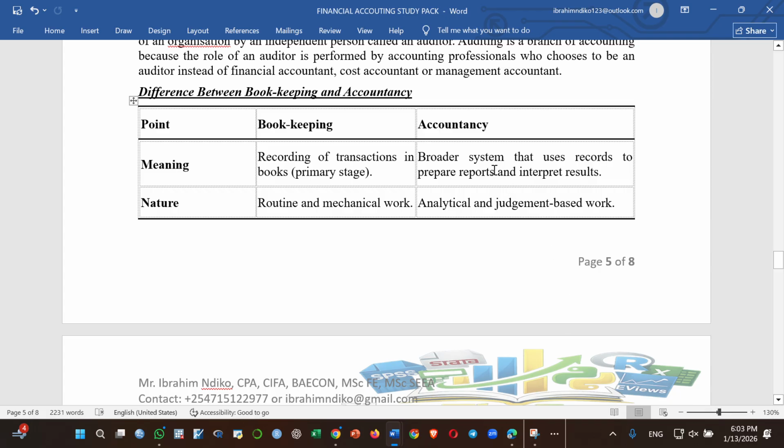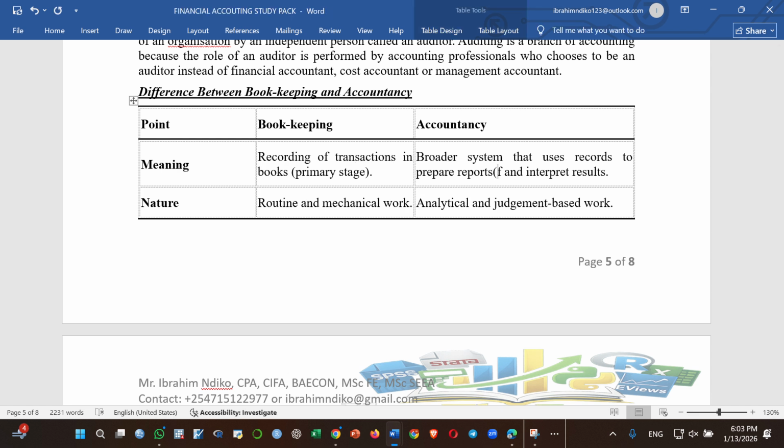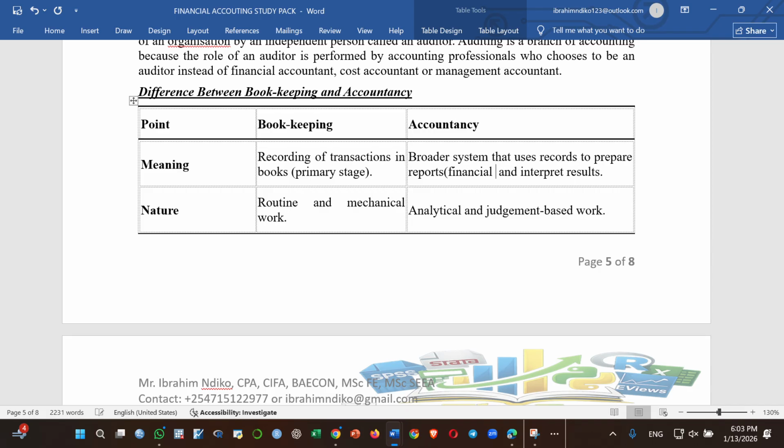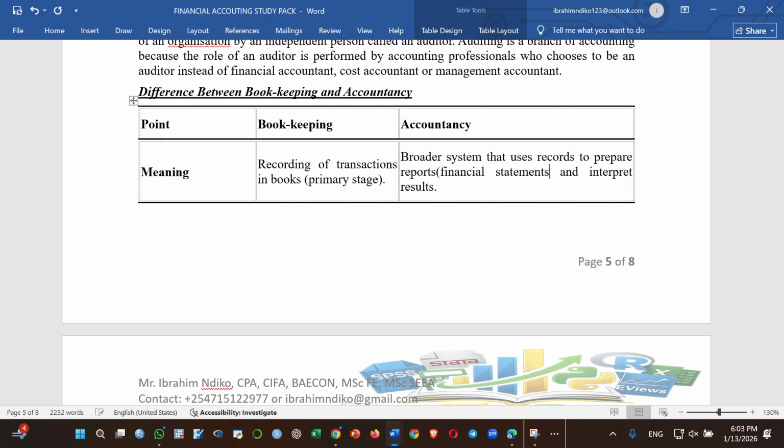So the reports here are the financial statements. Let's go to number two. So number one is bookkeeping. It is there to record transactions as a primary stage, to insert that information into the books of account.